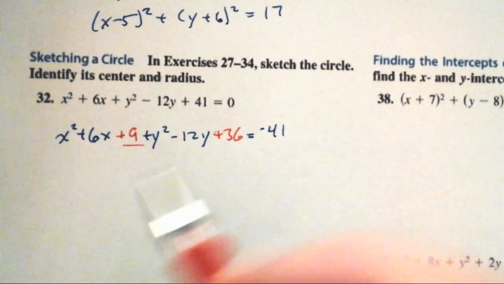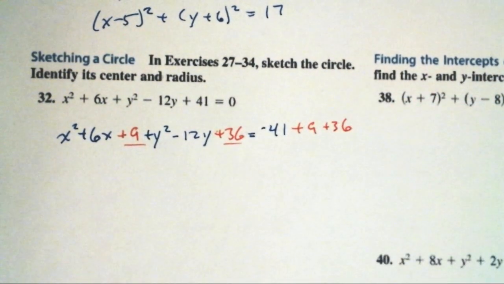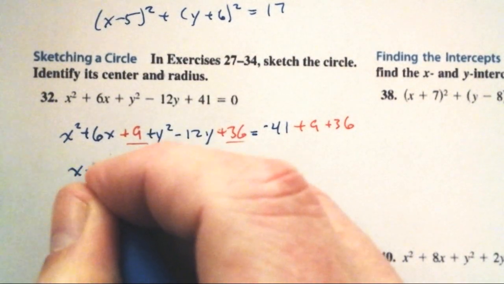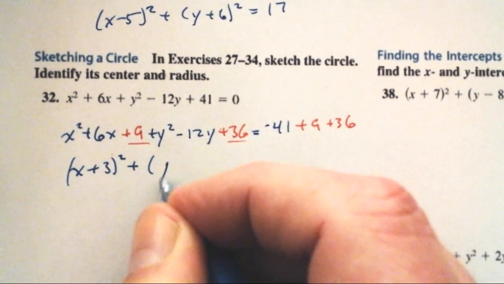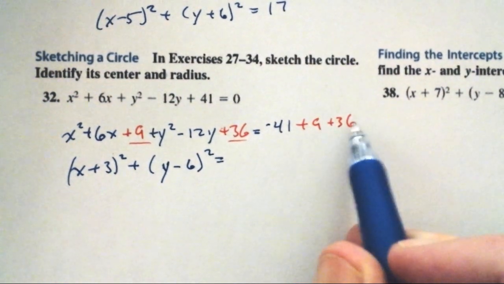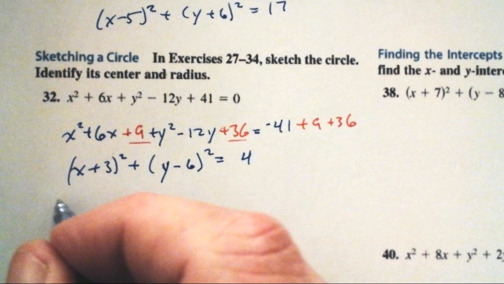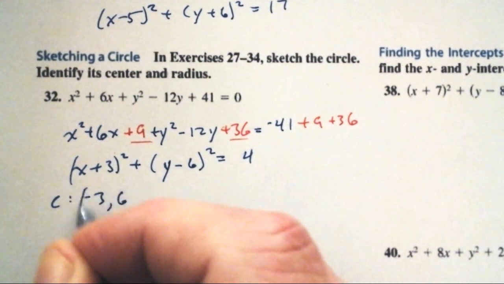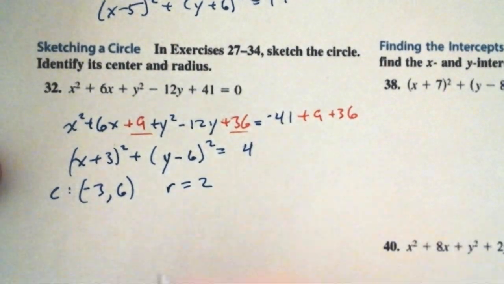This time I truly did just add 9 and add 36. There was nothing to distribute through those. We get (x + 3)² + (y - 6)² = 45 minus 41, 4. So we have a center of (-3, 6) and a radius of 2.